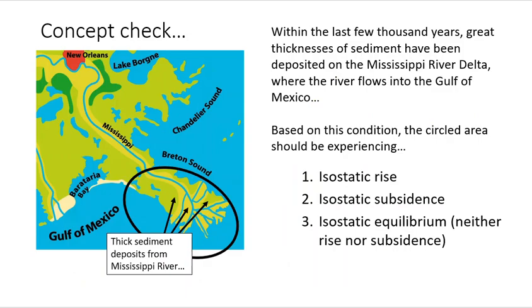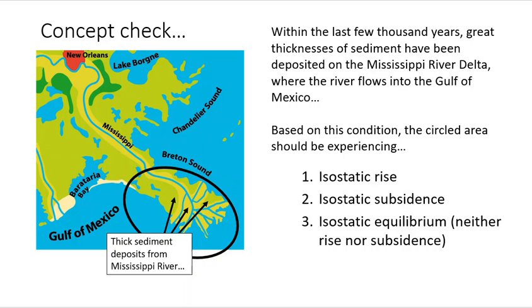Okay, let's do a quick concept check. Within the last few thousand years, great thicknesses of sediment have been deposited on the Mississippi River Delta, the area that I've circled there, where the river flows into the Gulf of Mexico, just southeast of New Orleans.